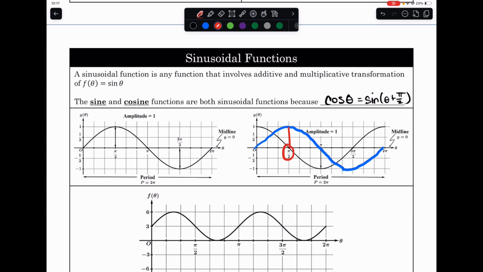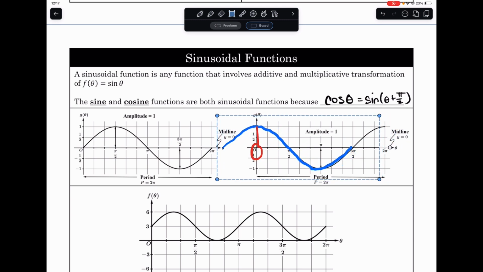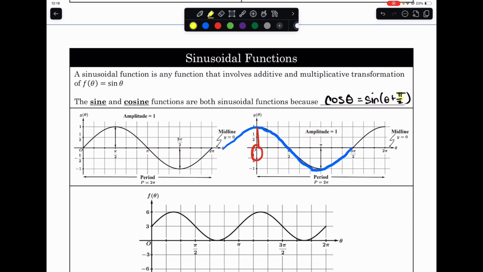So if I shift that over pi over 2 units, to there, I create the cosine function that has been shifted by this many units, by that value right there. So that's why cosine functions are considered to be sinusoidal functions as well.